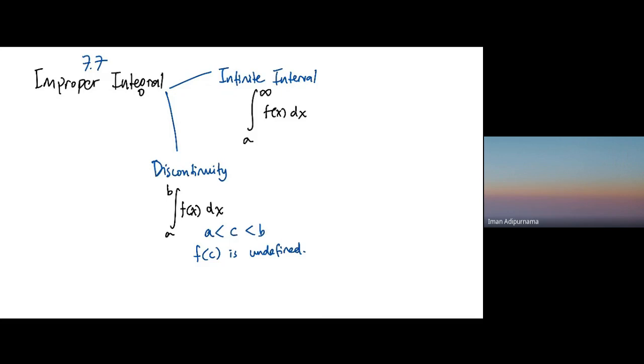And through some process, we may at least find some finite results, although it has either infinity or some discontinuity in the middle. That's why it's called improper integral. It's not properly integrated, but we need to approach it with a limit. So we will use the limit concept to solve this.